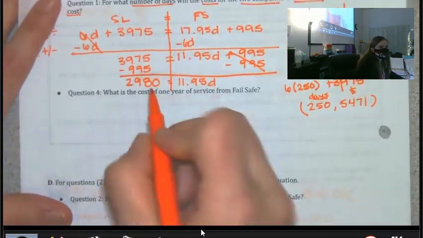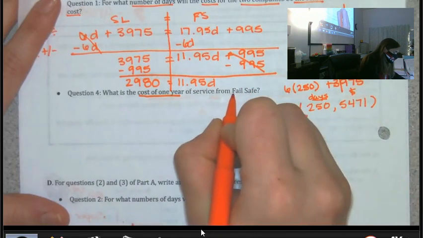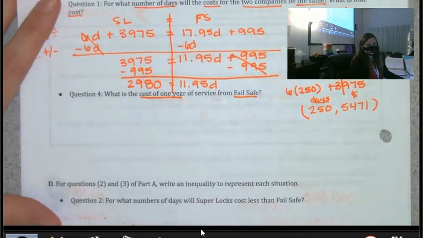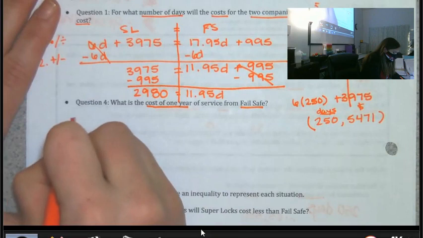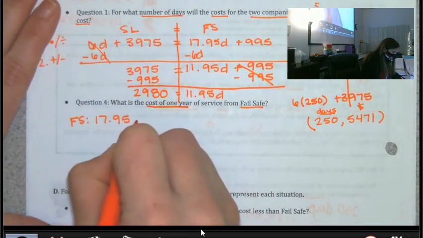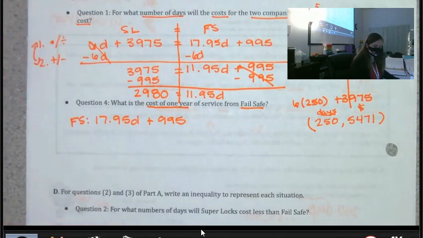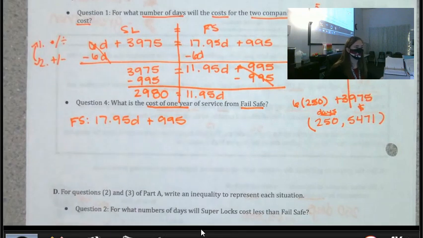All right, so what will the cost of 1 year of service for fail-safe be? Okay, so we have our equation for fail-safe. That equation you guys told me was 1795D plus 995. Okay, and how many days were in a year again?